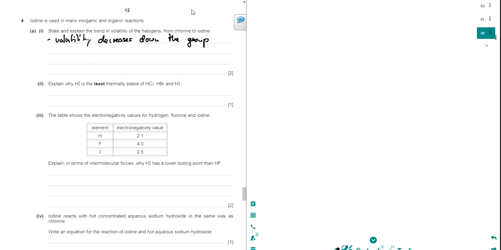We stated volatility decreases down the group, and now we need to explain why that is. The reason is that we have more electrons in the atoms when we go down the group, which means that there are more, or stronger, greater intermolecular forces between the atoms, which reduces the volatility.